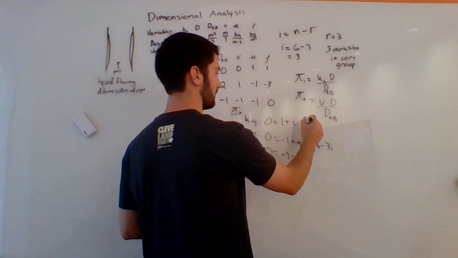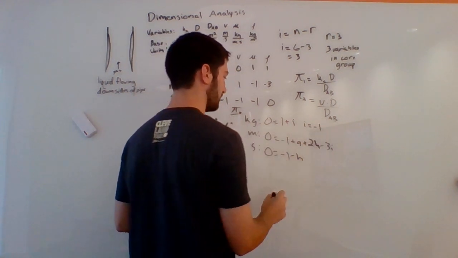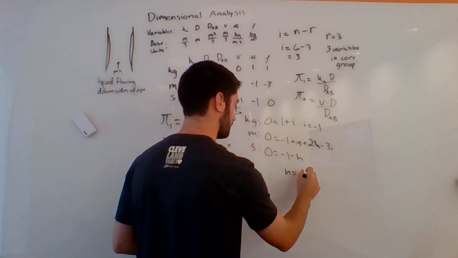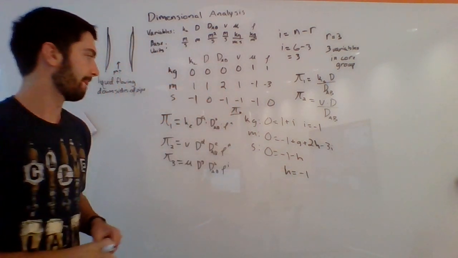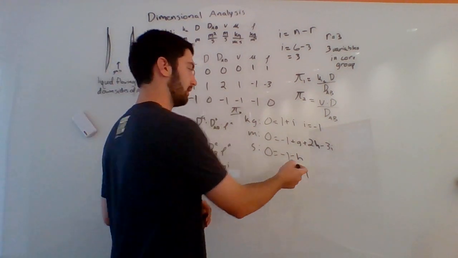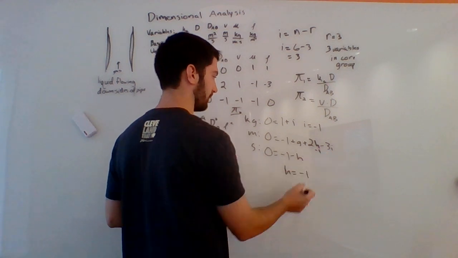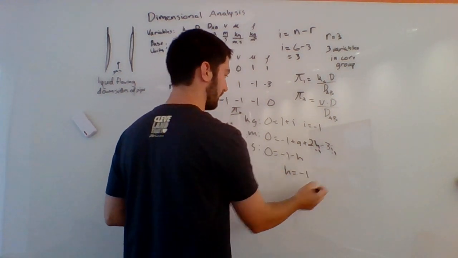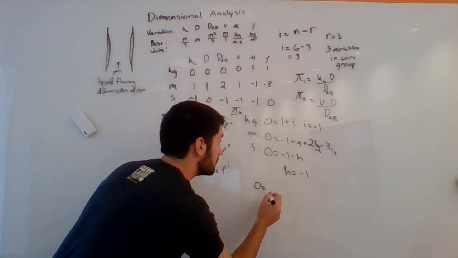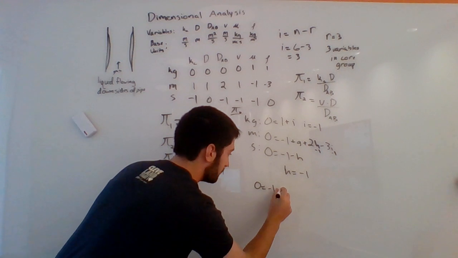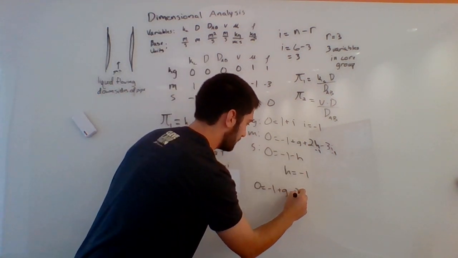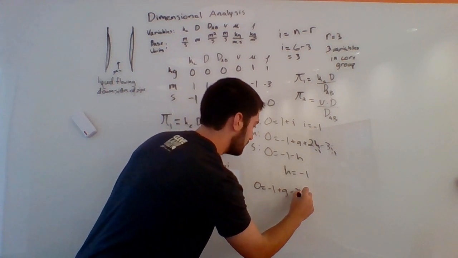And now we again solve for all the variables. In doing this, we can see i equal to -1 right away, and we can see right away that h is also equal to -1. Now we can solve the meters equation by just plugging in. If we plug in -1 for h, -1 for i, we end up getting 0 is equal to -1 plus g minus 2 plus 3.